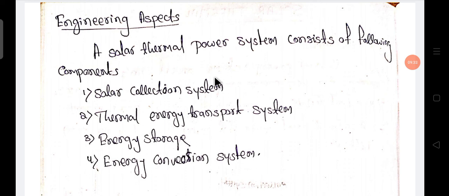One is the solar collection system, the system that collects the solar radiation from the sun. Second is the thermal energy transport system, which transports thermal energy from our solar collector system to storage.